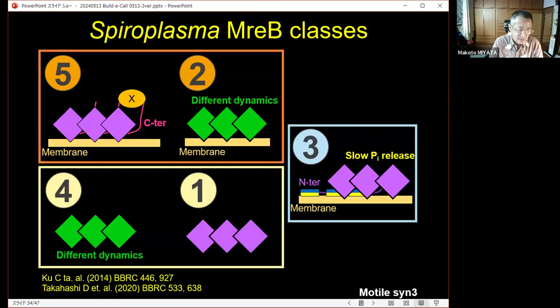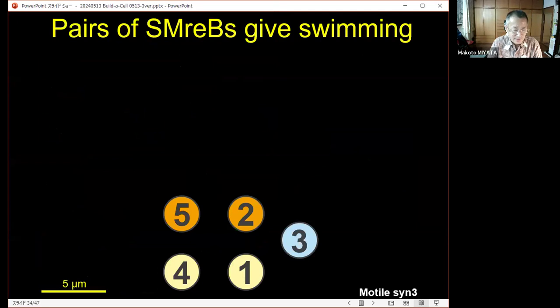We thought that if they are redundant, the important proteins, the classes including 2 proteins, should have critical roles for swimming. So we first tried the combinations 5 and 4, 5 and 1, 2 and 4, and 2 and 1. The result was something like this.